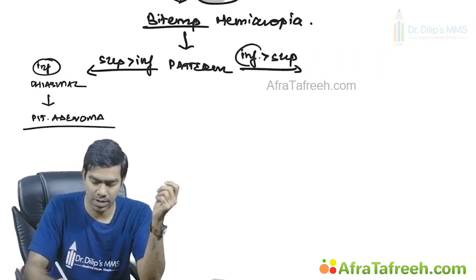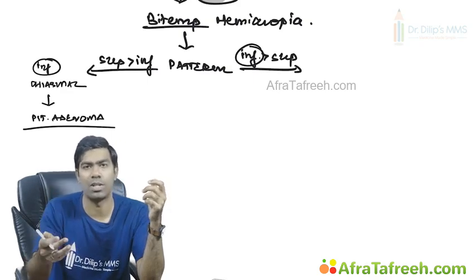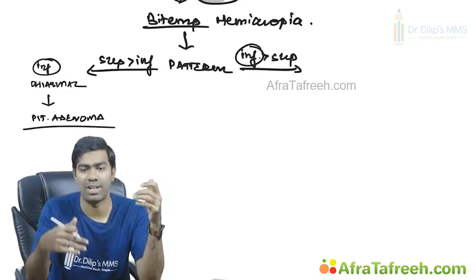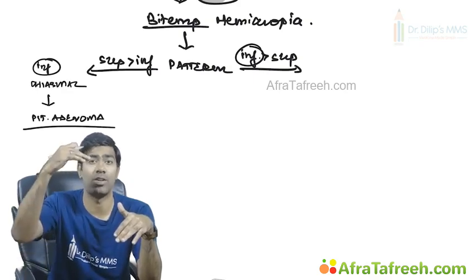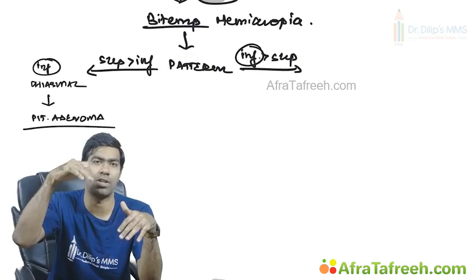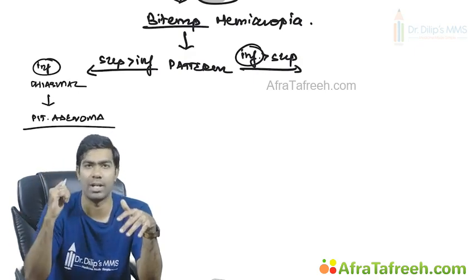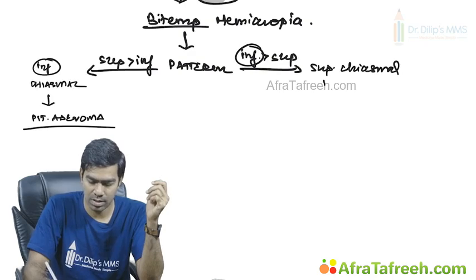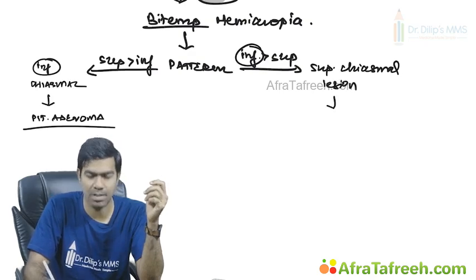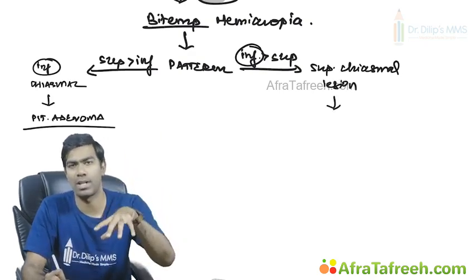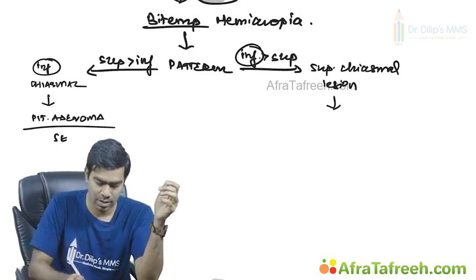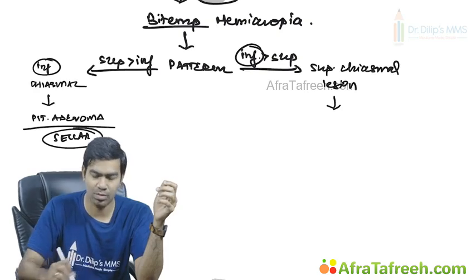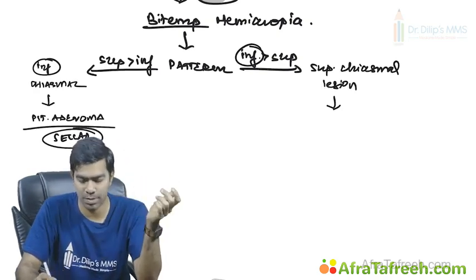Supposedly, if the inferior world is affected more than the superior world, which means they are affecting the inferior world fibers which are carried on the superior surface or the upper surface of the optic chiasma and the optic tract, which means it's a superior chiasmal lesion. Superior chiasmal lesion means it must be a suprasellar lesion, it cannot be a sellar lesion. Pituitary adenoma is a sellar lesion, but a superior chiasmal lesion definitely must be a suprasellar lesion.